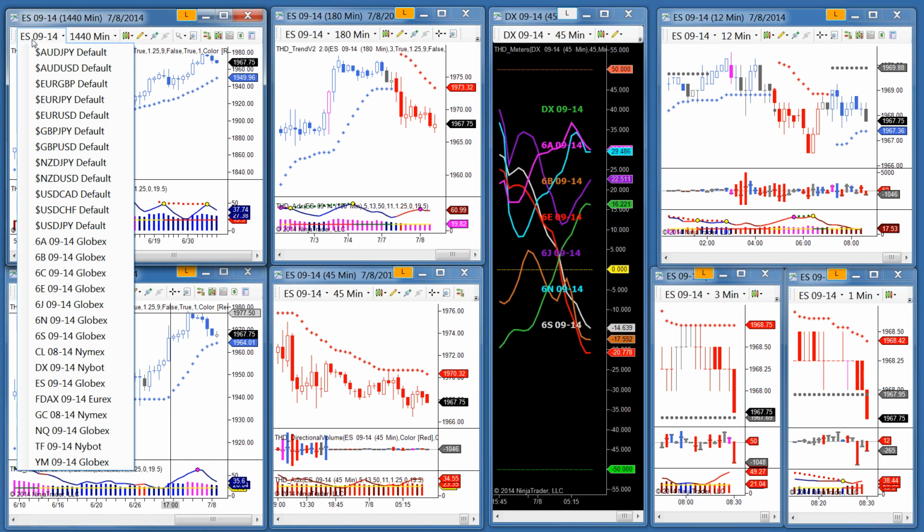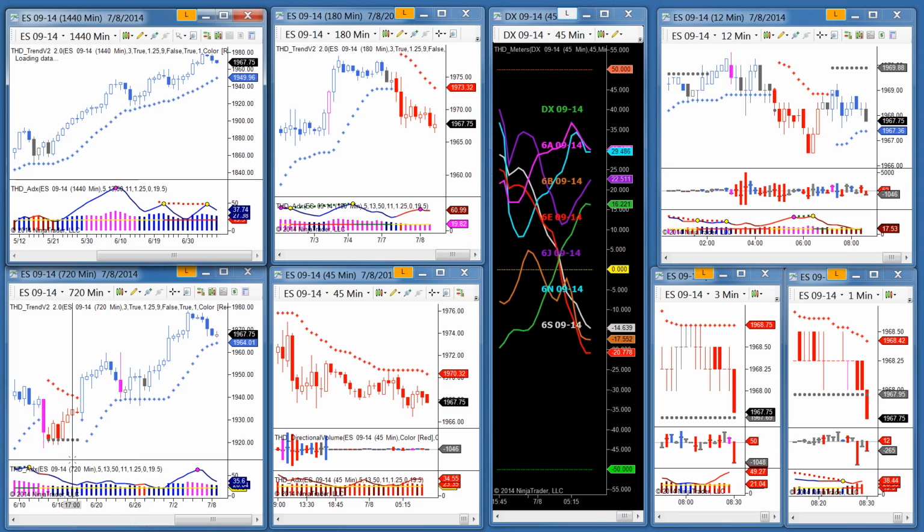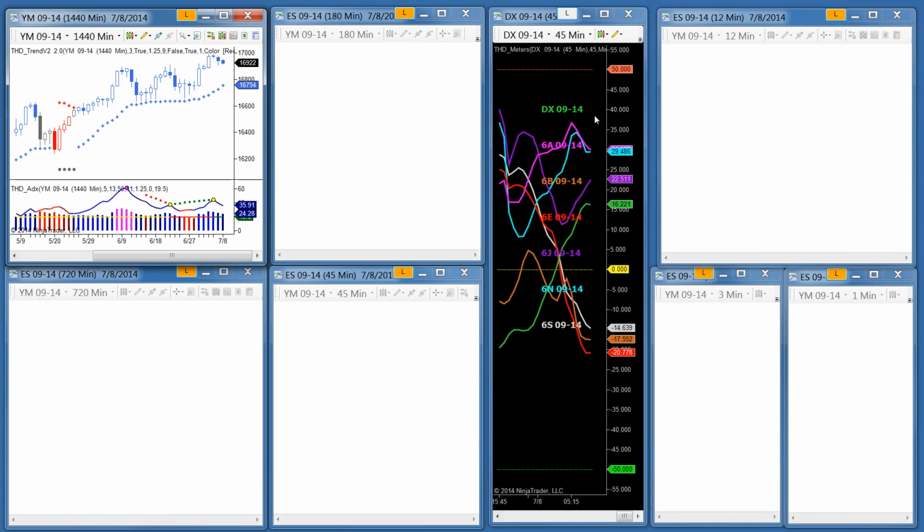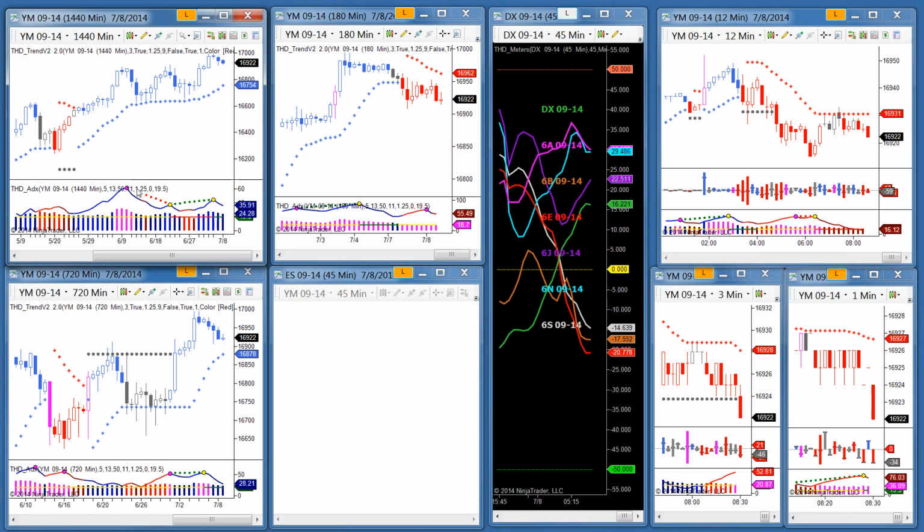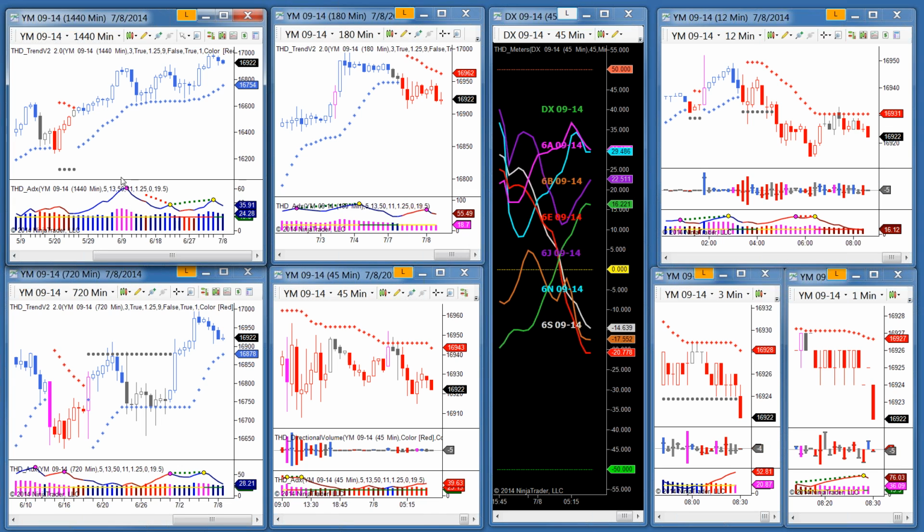All right, let's move on to the Dow this morning. Dow, pretty much the same thing. You're still getting divergence between this high and all the subsequent highs. You did have a magenta peak here. It's retracing back to the ATR. Still has about 40 points to the ATR here.